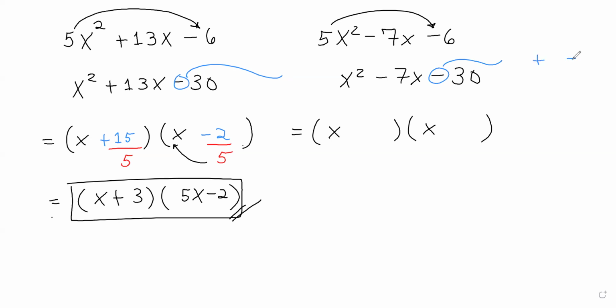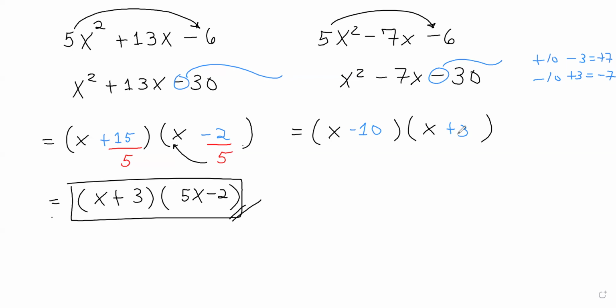Well, a plus times a minus, or a minus times a plus. How can I get a 7? How can I add numbers in a way where I get a 7? Maybe a 10 and a 3. It has to be a negative 7, actually. So it'd have to be a negative 10 and a positive 3.